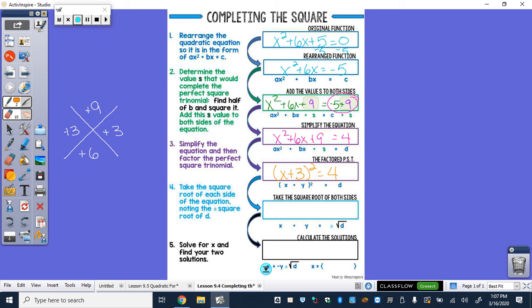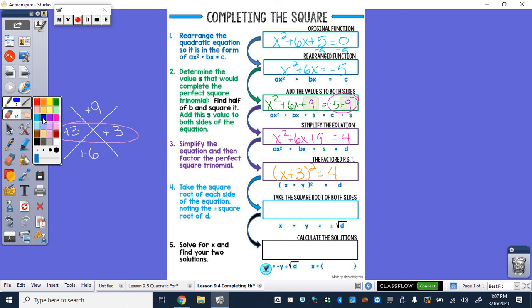Because it's 3 and 3. We found the 9 by taking our b value, breaking it in half, and then multiplying them together. And because we did it that way, we already have right here our factors, x plus 3 and then x plus 3, which we shorthand to be x plus 3 squared.